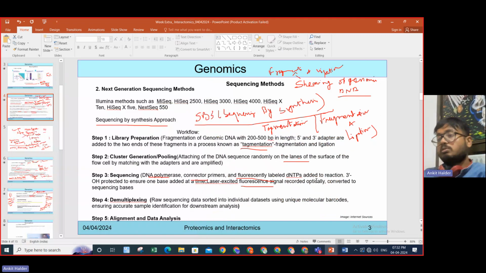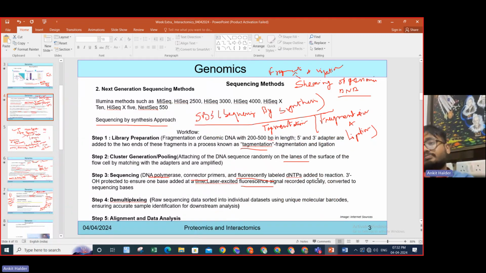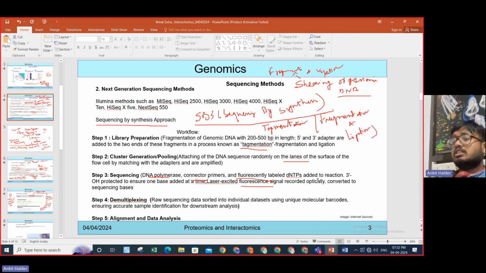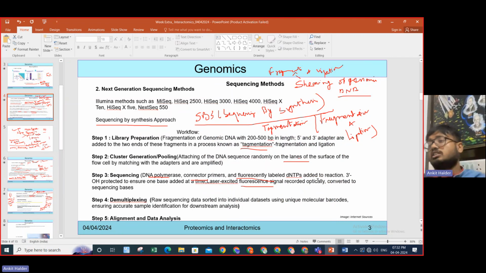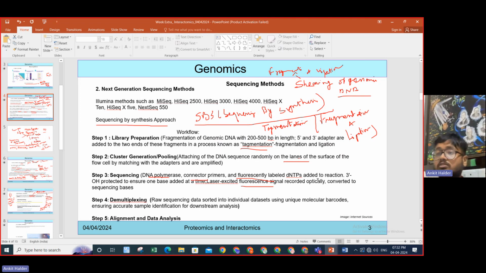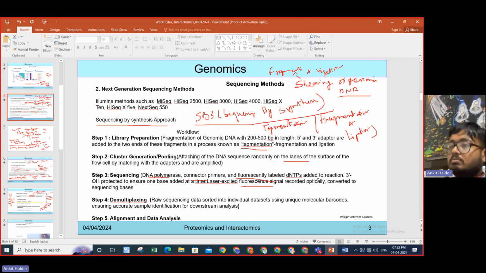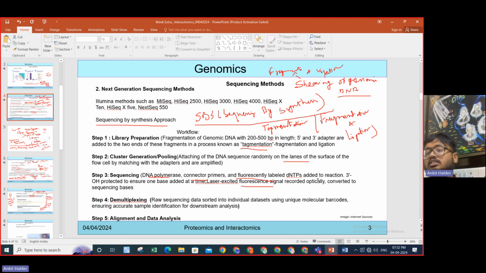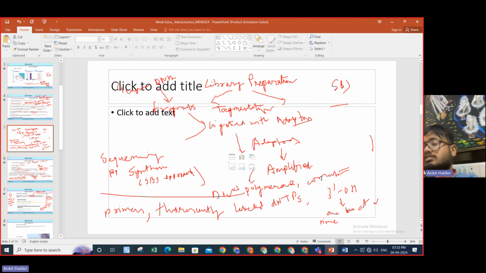The most popular one used is the next generation sequencing method of Illumina, which involves library preparation, followed by fragmentation, cluster generation or pooling, sequencing, then demultiplexing, and finally alignment in the data analysis.